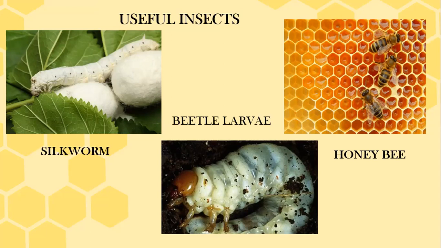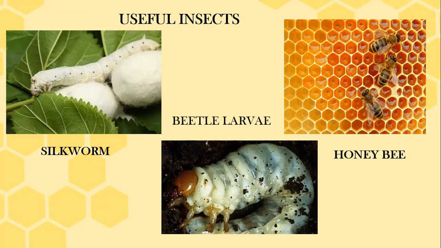Then there is an insect known as beetle larvae. You know what beetle larvae do? Many insects eat dead plants and animals and clean the environment.